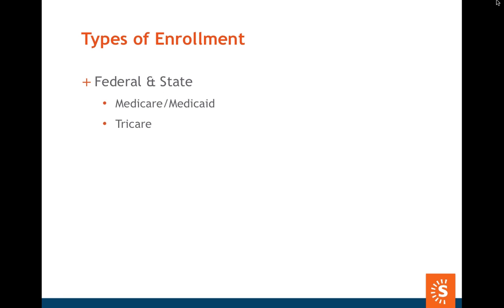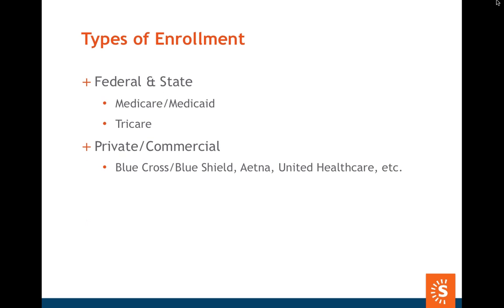In California, Medicaid is called Medi-Cal. TRICARE is also a federal type of enrollment for current and retired military personnel. We have commercial and private insurances. These would be your Blues, Aetna, United Healthcare, Humana, Cigna, those types of carriers.